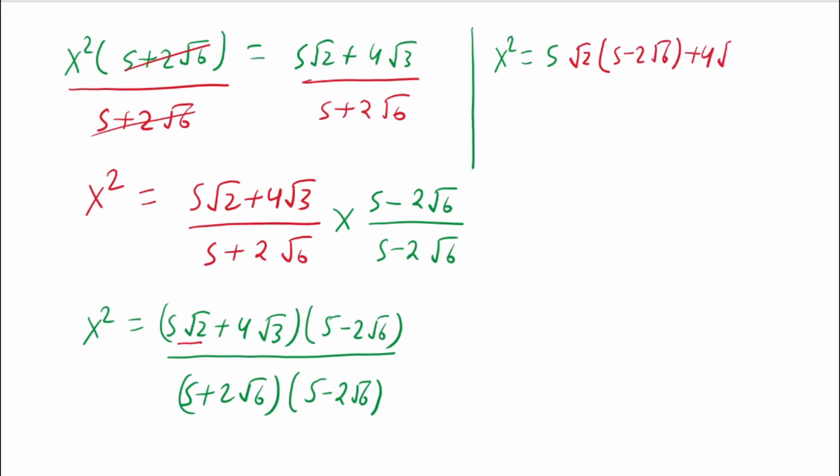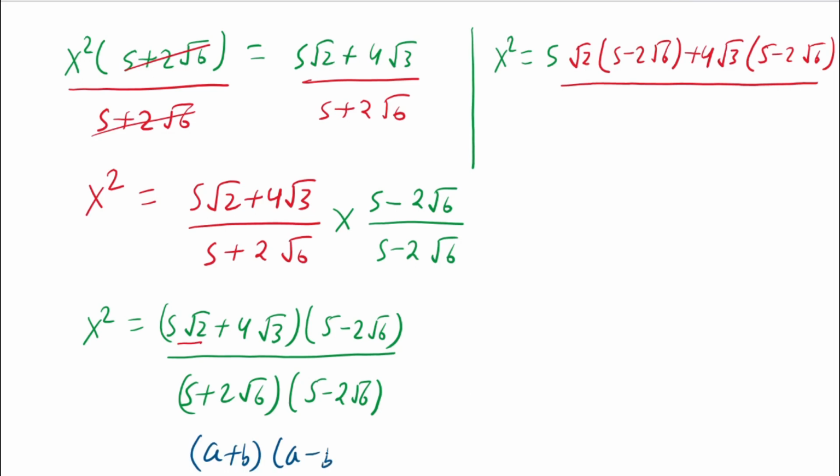In the denominator we will apply (a plus b) times (a minus b) is equal to a square minus b square. If we apply this rule, then we can say 5 square minus (2 times square root of 6) square.